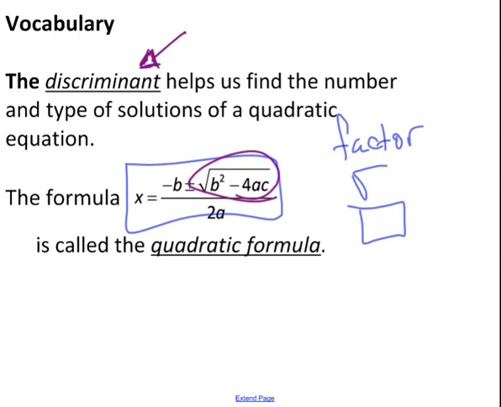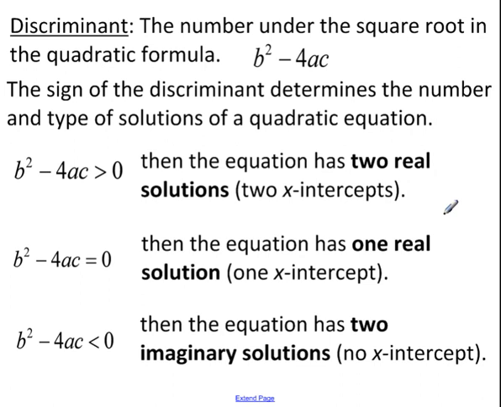The nice thing about our discriminant is it sort of tells us how many and what types of answers we should be getting. The reason why is because that part is inside of a square root. Well, if the inside of our square root is positive, that means that part of our formula has the plus minus, some kind of a number going on there. Positive, square root kind of thing.